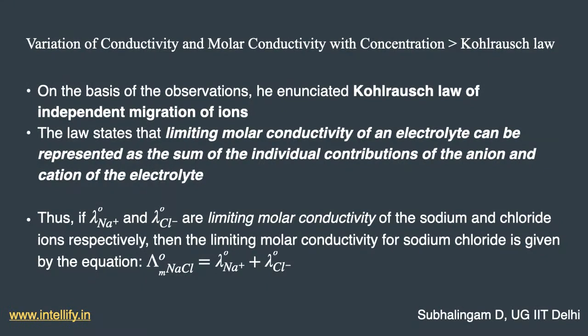So we use small lambda to represent molar conductivity of an individual ion and small lambda naught for limiting molar conductivity of an individual ion. So for Na plus I have used small lambda naught Na plus. And do notice that this is valid only for limiting molar conductivity and not for molar conductivity. Okay, this addition is valid only for limiting molar conductivity.